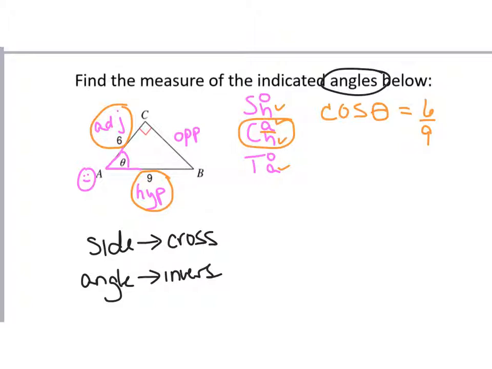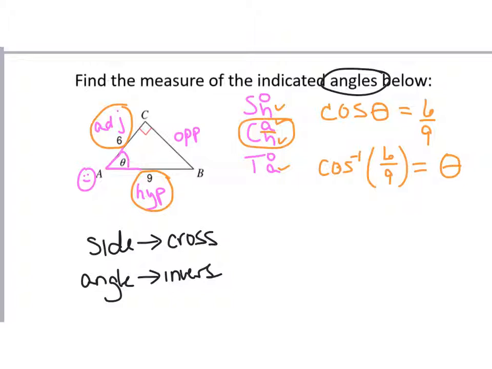So we rewrite our equation, the cosine, and then we say it's the inverse cosine. So we put a little -1, meaning inverse. And then instead of putting our angle, we switch it with the ratio. And that is going to give me the value for theta.